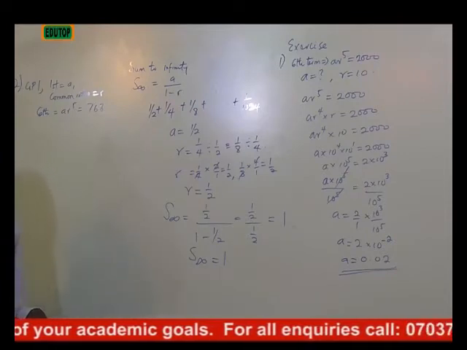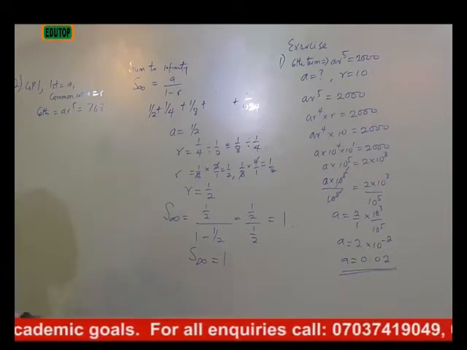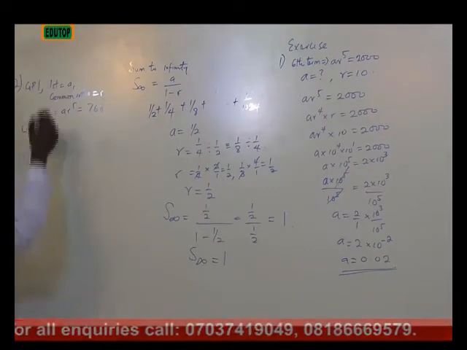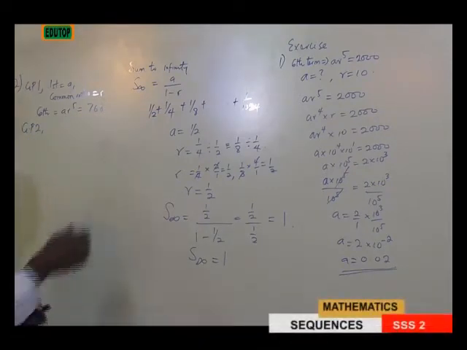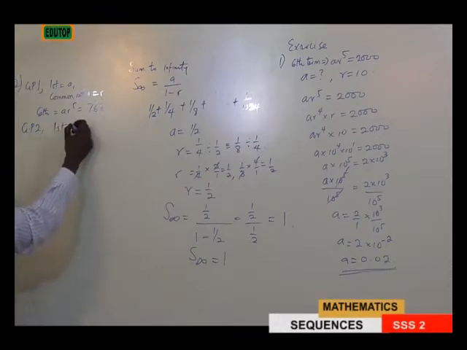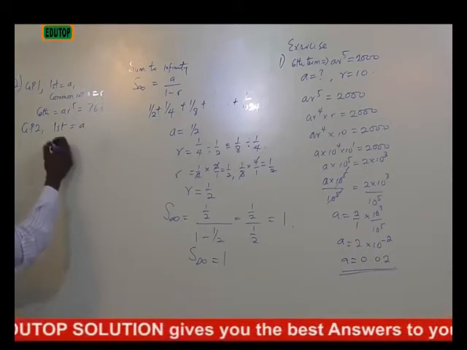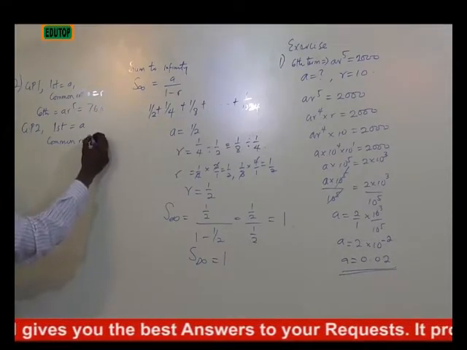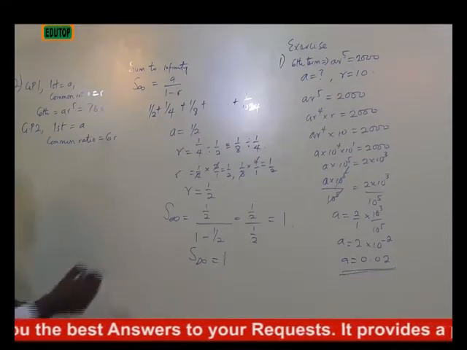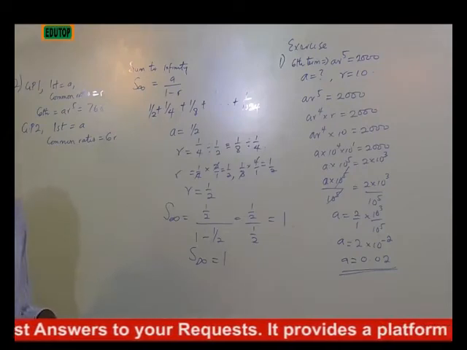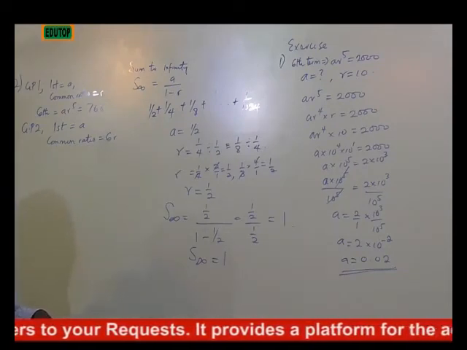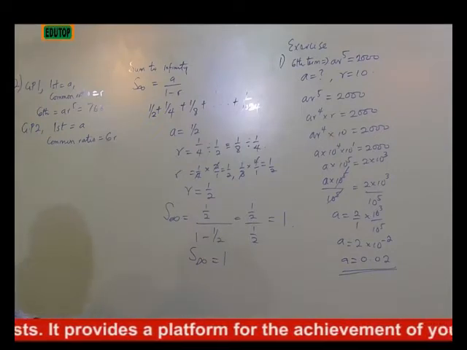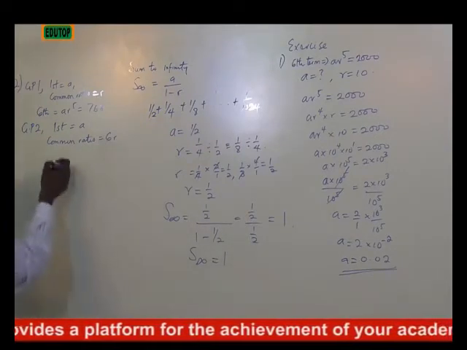Then the second GP, GP2, has the first term equal to A, the common ratio equal to 6R, and its third term is equal to 3,456.